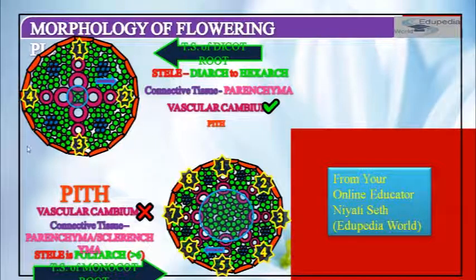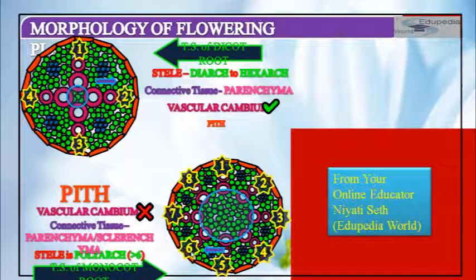And conjunctive tissues are parenchymatous in nature. Pith is absent or very small in case of dicot root, students. And thus, secondary growth occurs, because the parenchymatous conjunctive tissue, which you are seeing in green, forms vascular cambium. For example, it is seen in Cicer, Ficus, gram, pea and Helianthus.